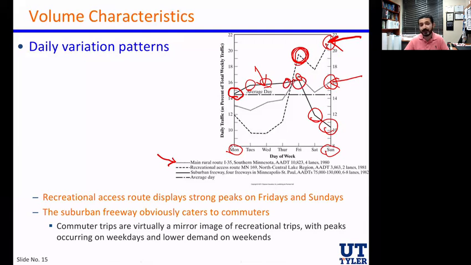Not many people will be interested in using a suburban commuter roadway during weekends, because people are transferring their usage from that facility to another facility, either a recreation facility or a main rural interstate, where people travel from one city and stay in another city for 2 days and come back on Sunday night.